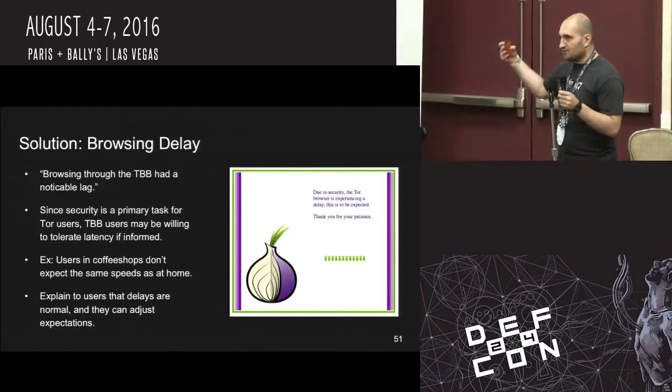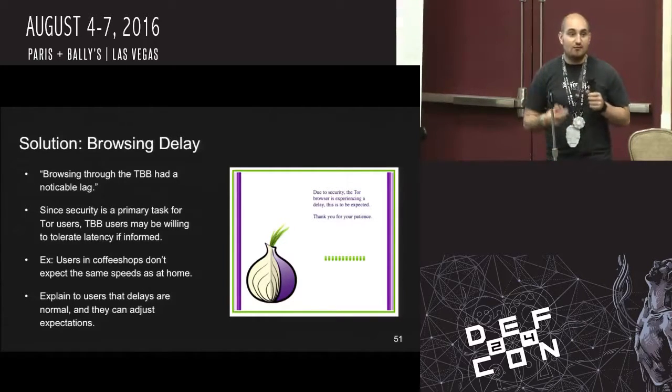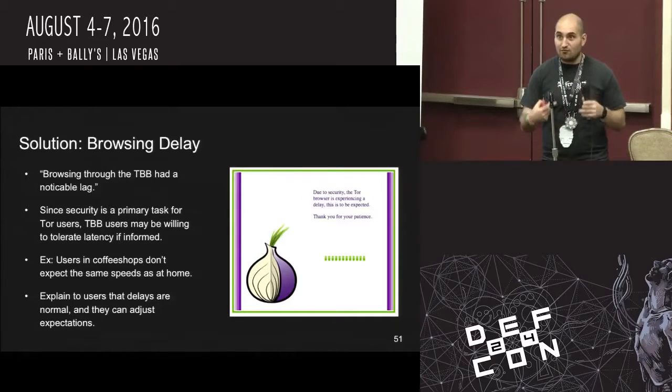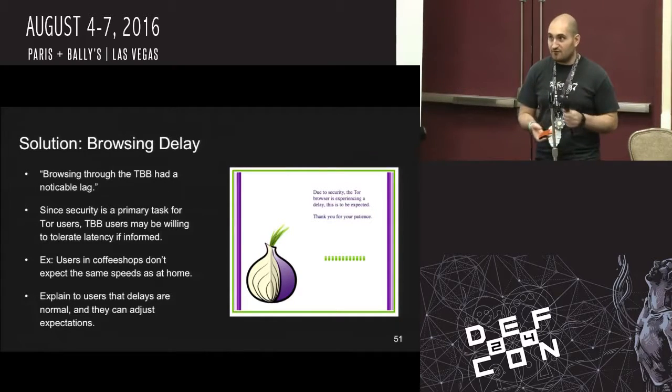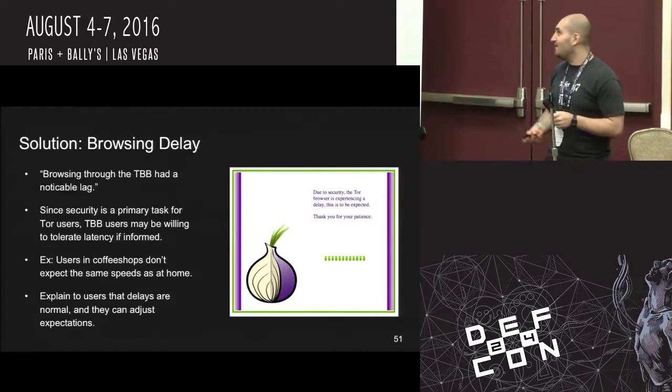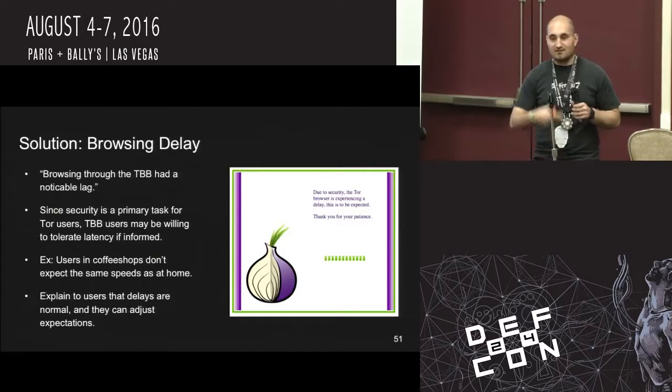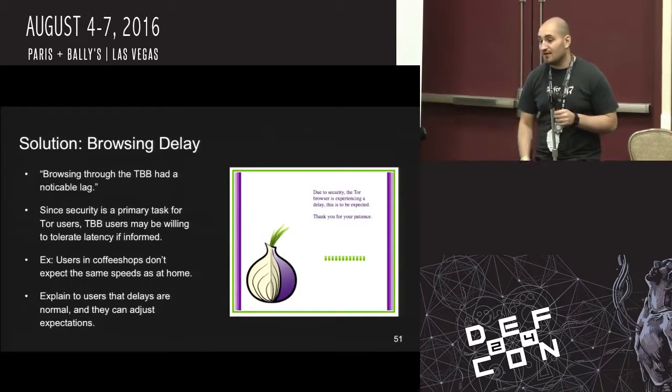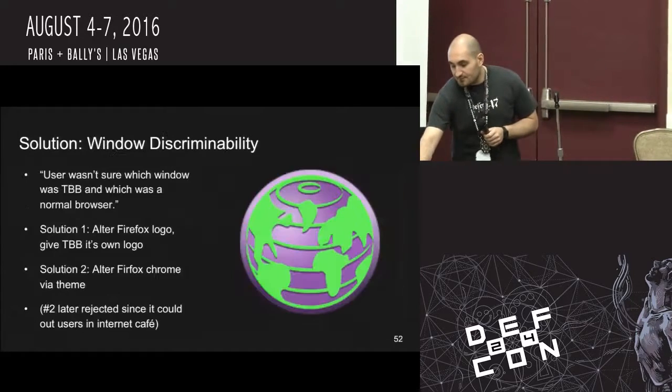There was research that basically shows if you tell somebody we're doing this for security, they'll tolerate all sorts of stuff. Proof of that, for example, lies within the TSA. So: Tor knows you're experiencing delay. We apologize. Thank you for your patience. Hypothetically, if they're being shown this, they're not going to be as angry.